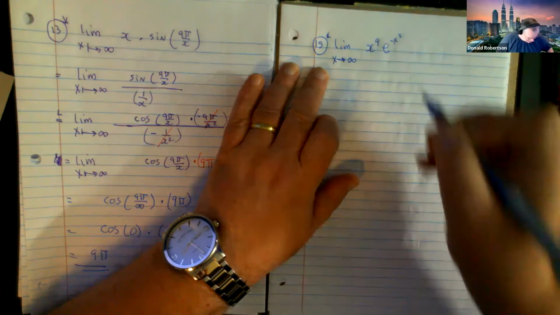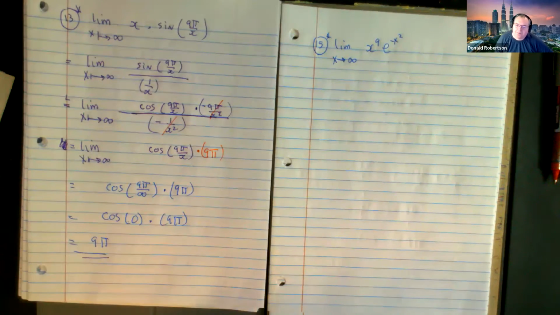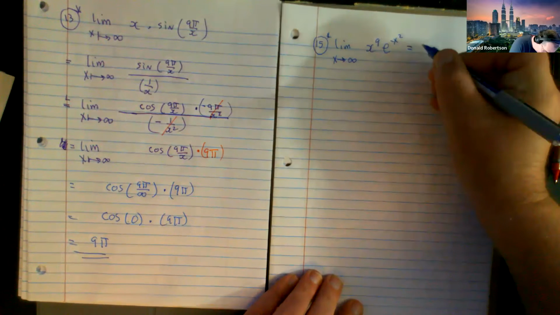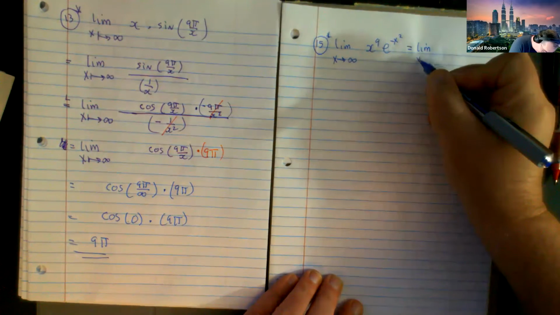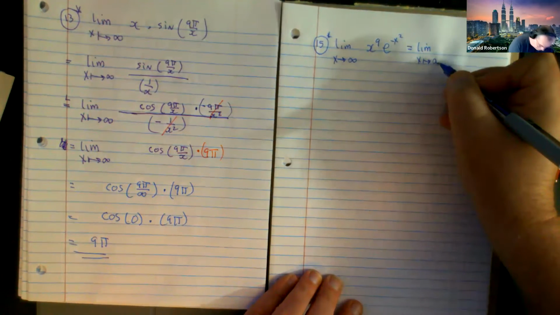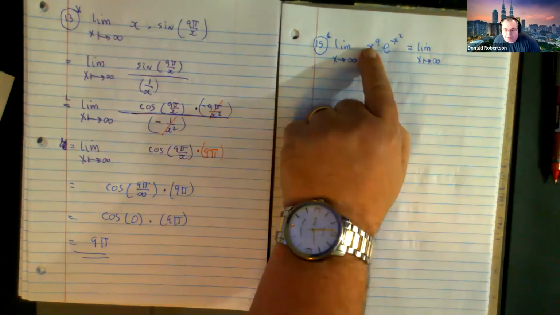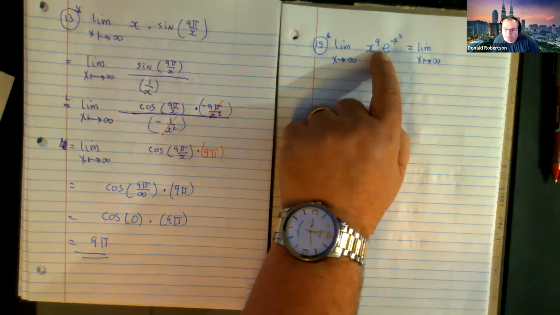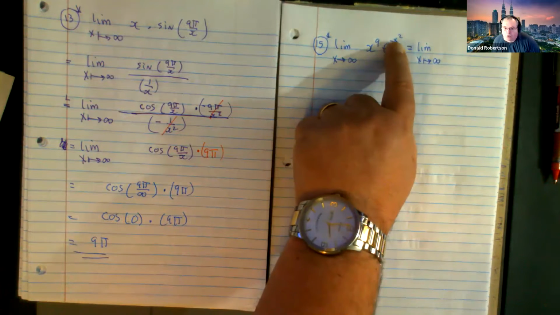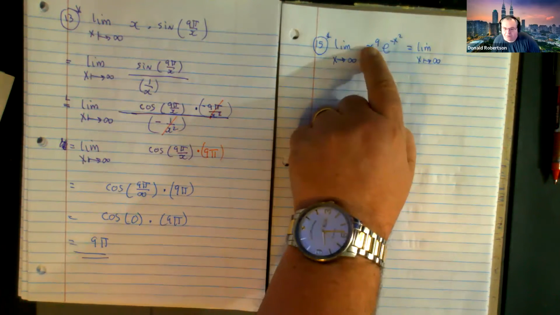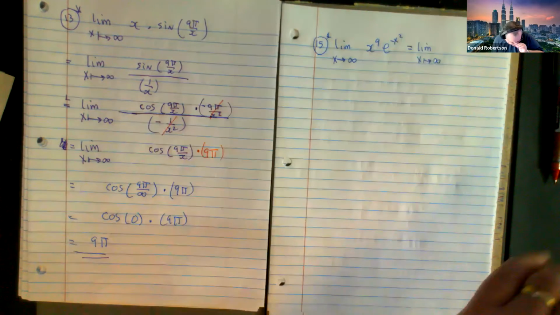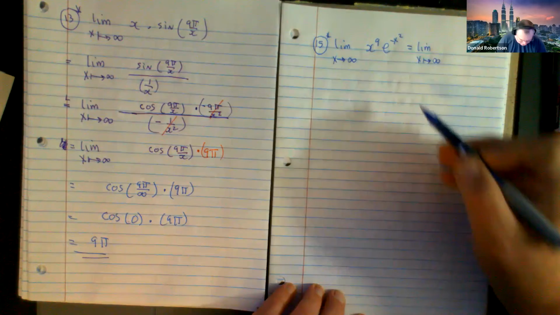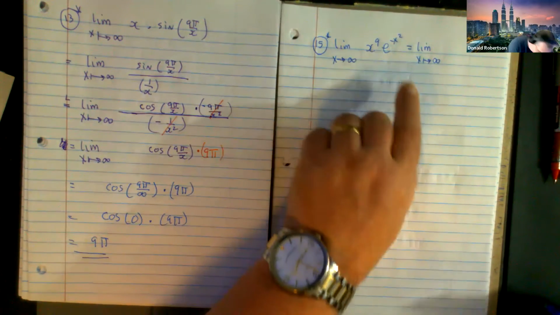This is a weird one as well. If I plug in infinity here, I get infinity times 1 over 0 essentially. And infinity times 0 is indeterminate form as well. What we need to figure out is how to make this a fraction.